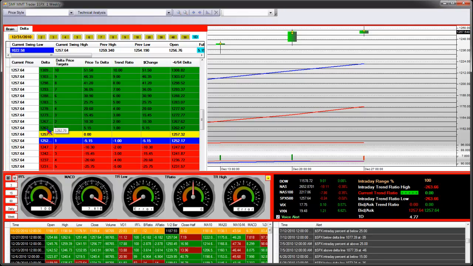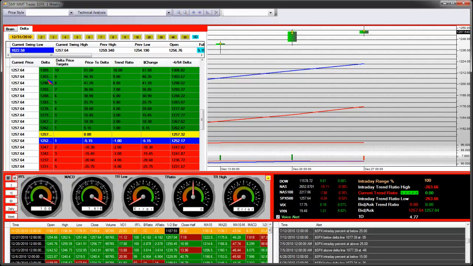That's 1 delta. 2 delta, 1267, 3 delta, 1273, 4 delta, 1278, 5 delta up to 1283, 6 delta, 1288, 7 delta, 1293, 8 delta, 1298, 9 delta, 1303, and finally a 10 delta is 1309.